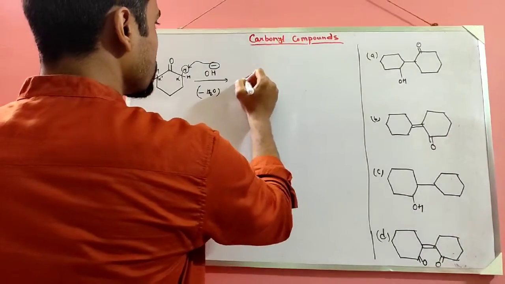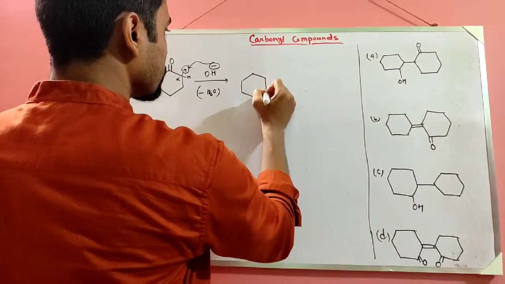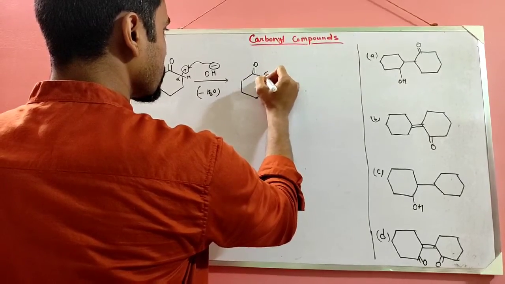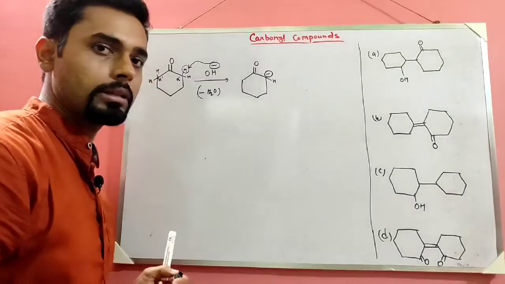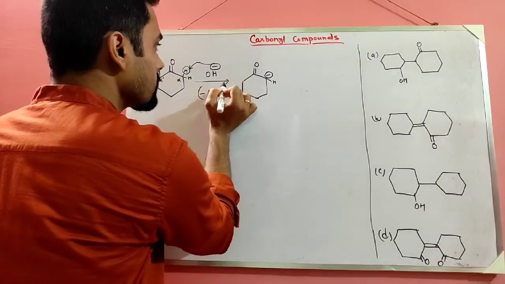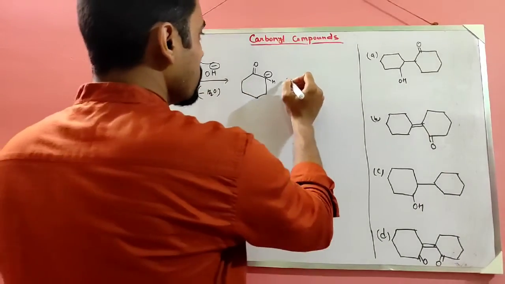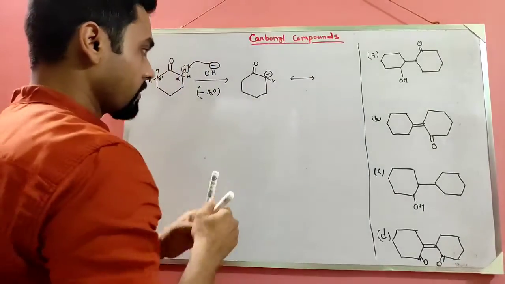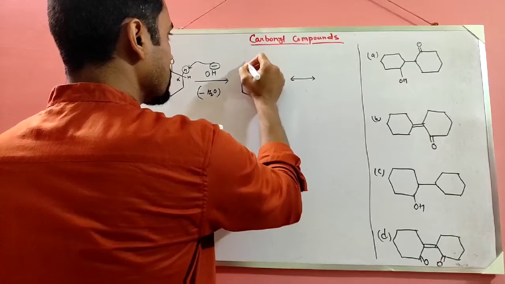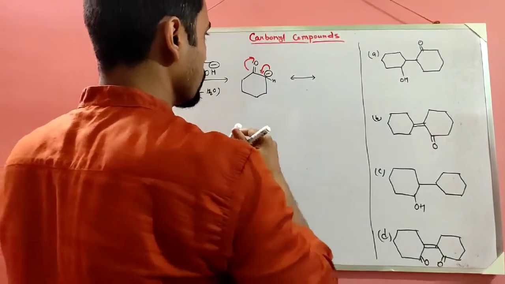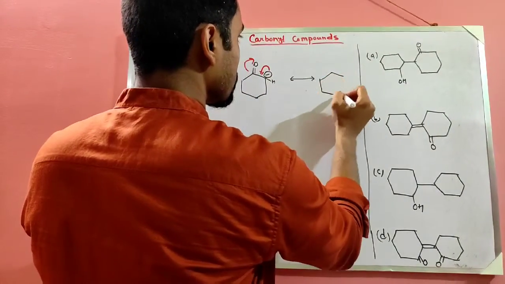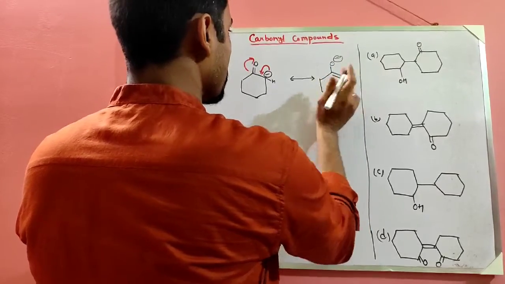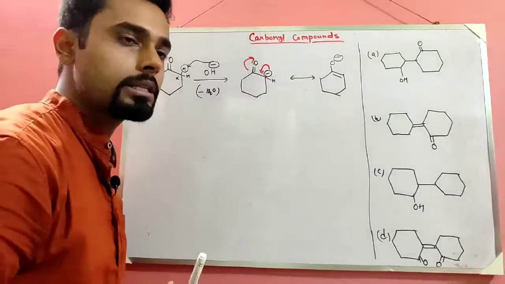We will get a carbanion. This is a resonance stabilized compound. How? Here, O minus with a double bond. So this is a resonance stabilized carbanion.